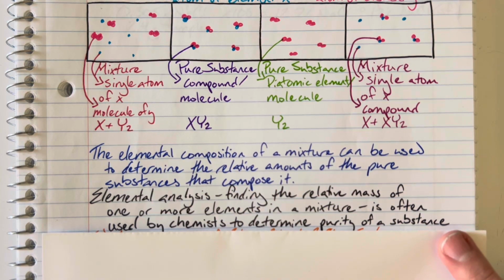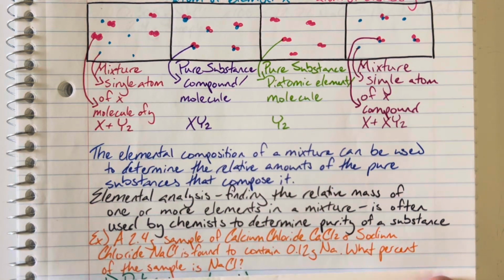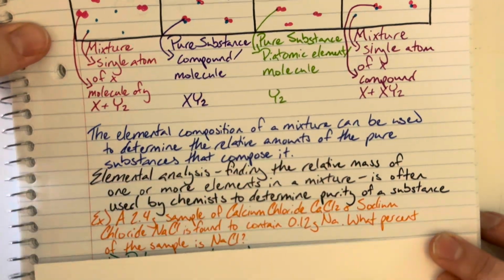And we can do that via elemental analysis. So elemental analysis is going to be finding the relative mass of one or more of the elements within a mixture, and it's often used to determine purity of a particular sample. And we're going to go ahead and look at an example problem where we would do some elemental analysis.